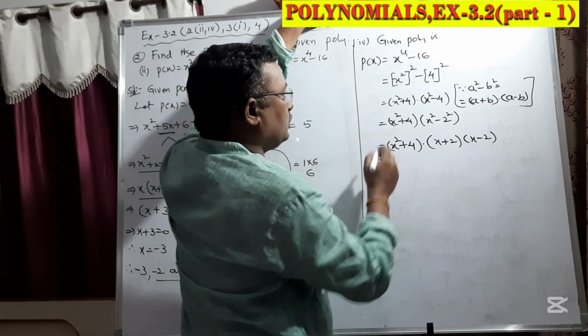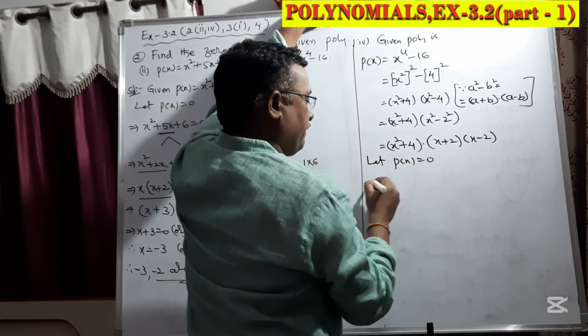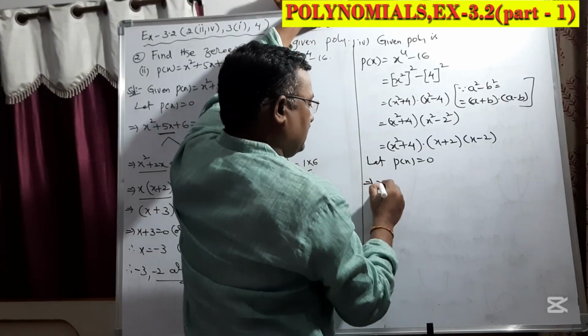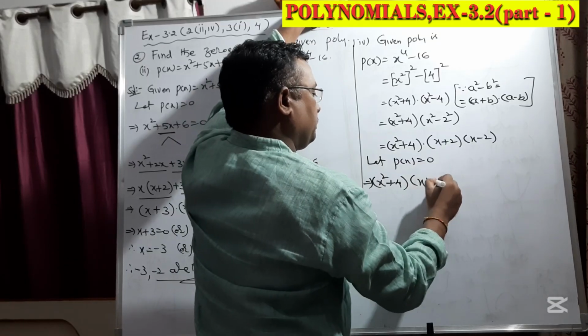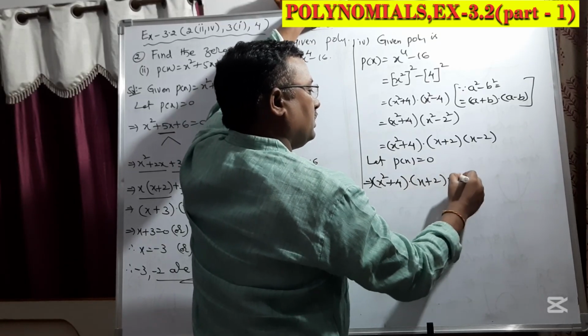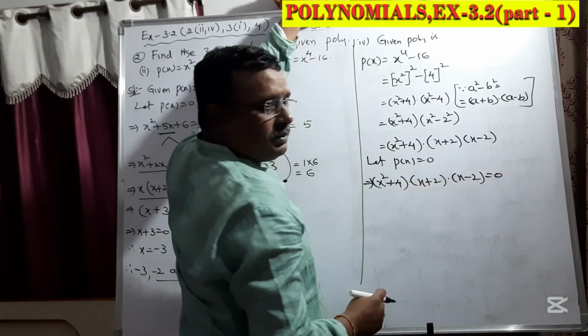Okay. So to find out the zeros, let p of x equal to 0. Automatically this implies x square plus 4 into x plus 2 into x minus 2 equal to 0. Clear? p of x equal to 0.